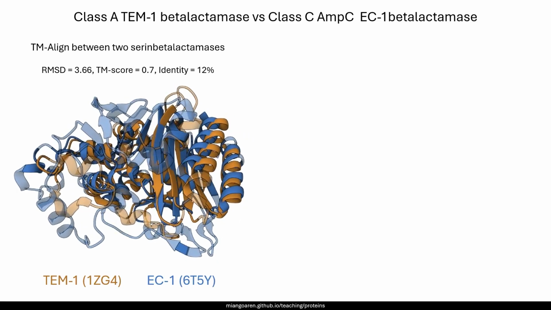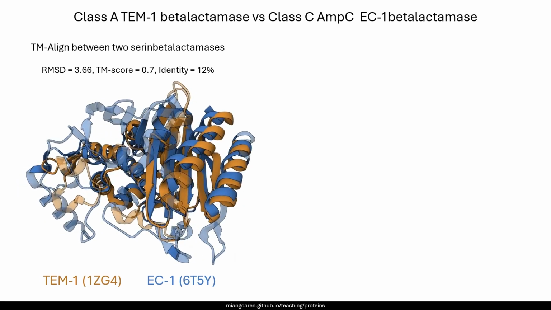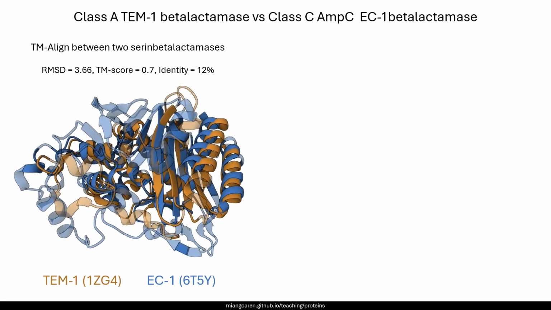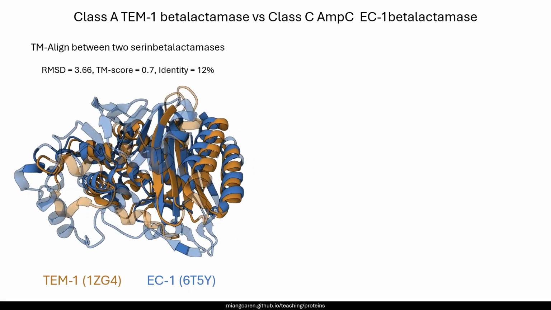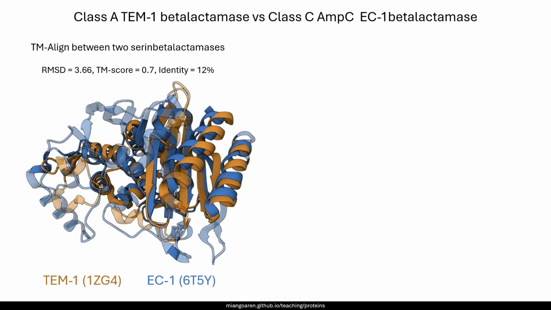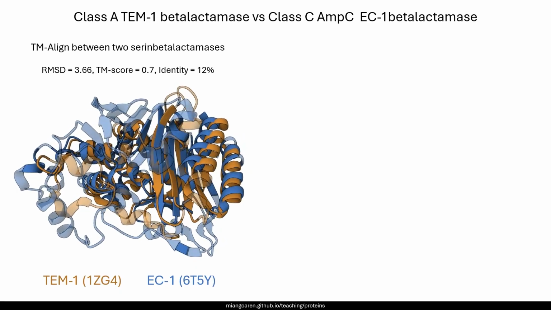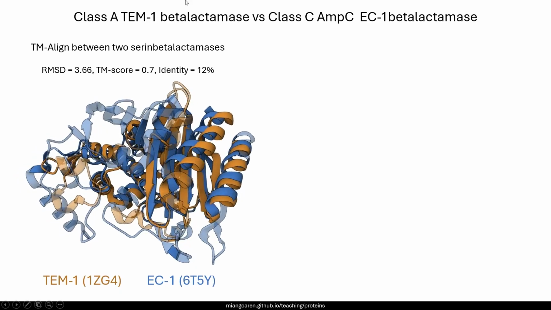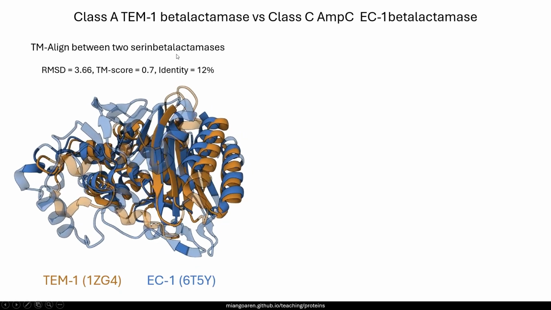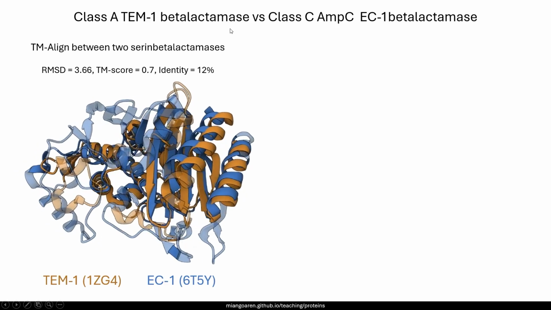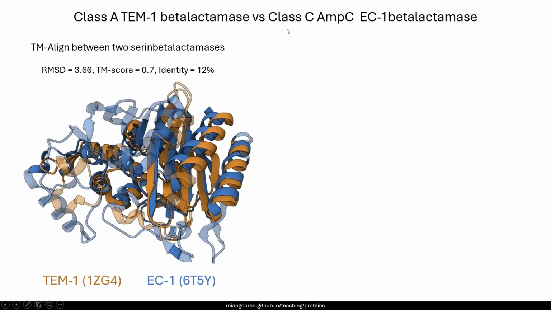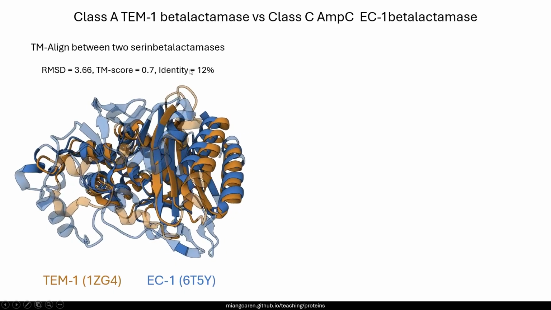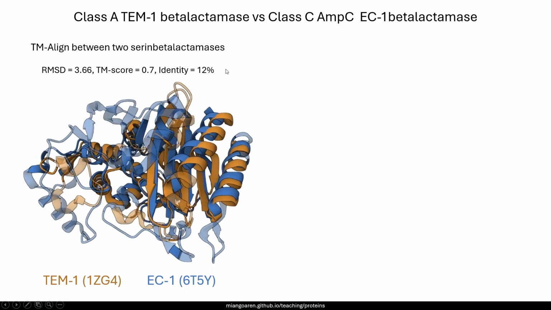Class C beta-lactamase is relatively larger, has more alpha helix regions, but shares certain regions in common with class A. And this is quite interesting, because how can it be possible that the sequence identity was higher, as we saw in the previous case, between a class A beta-lactamase and a PBP, and now when we compare two beta-lactamases, it turns out that they have a lower sequence identity?